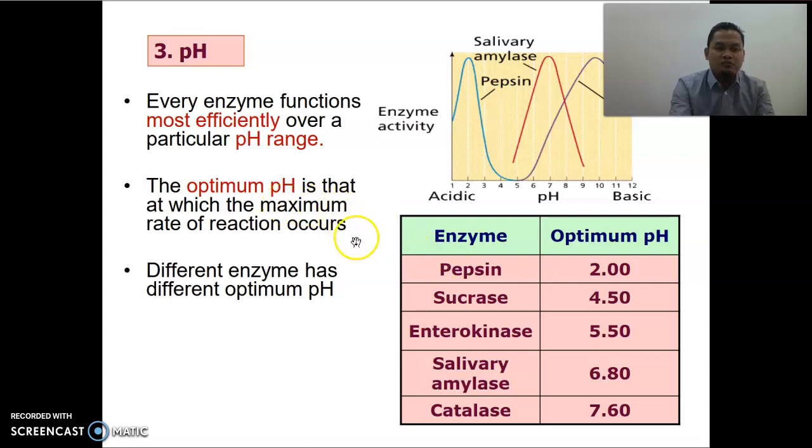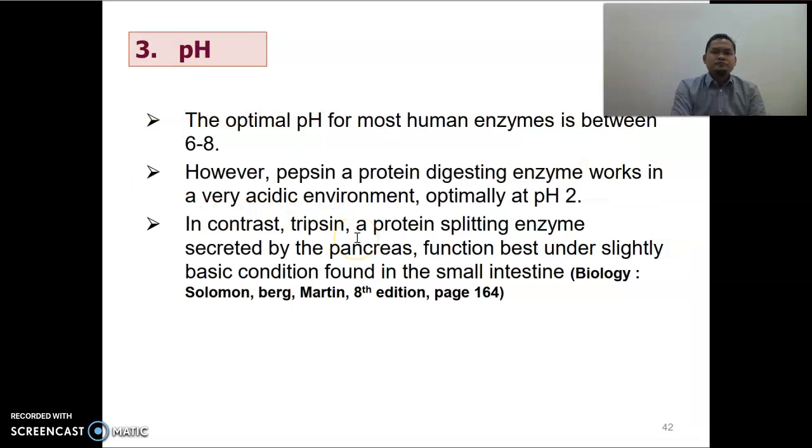So highlight kata maximum rate of reaction. So most of the enzyme adalah pada keadaan 6 to 8 pH dia. But then ada beberapa enzim yang khusus berlaku dia punya optimum pH pada keadaan acidic. Sebagai contoh pepsin. Ya, so sebagai lawannya pula trypsin, dia adalah optimum pH pada keadaan basic.